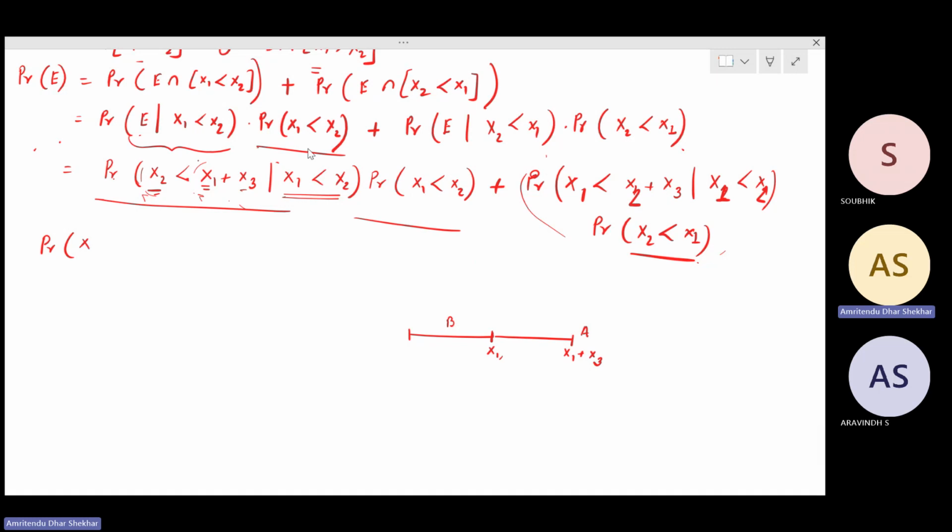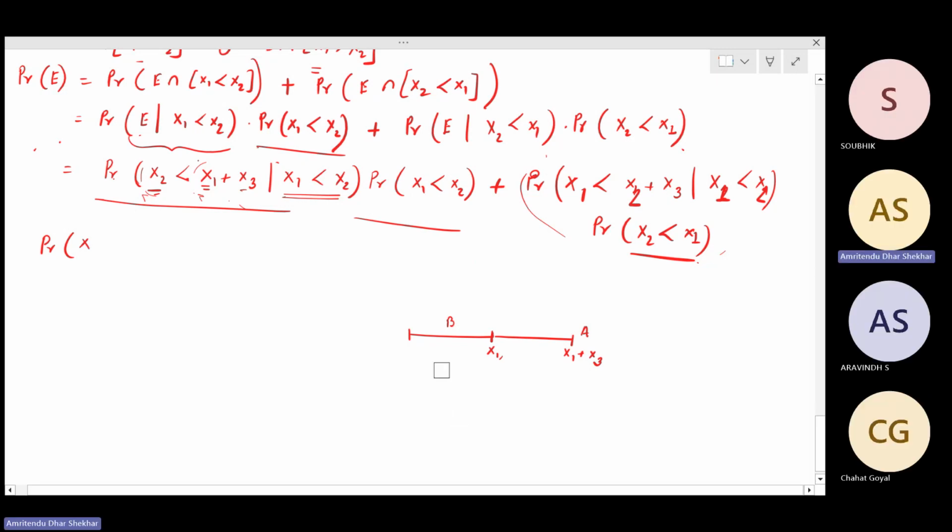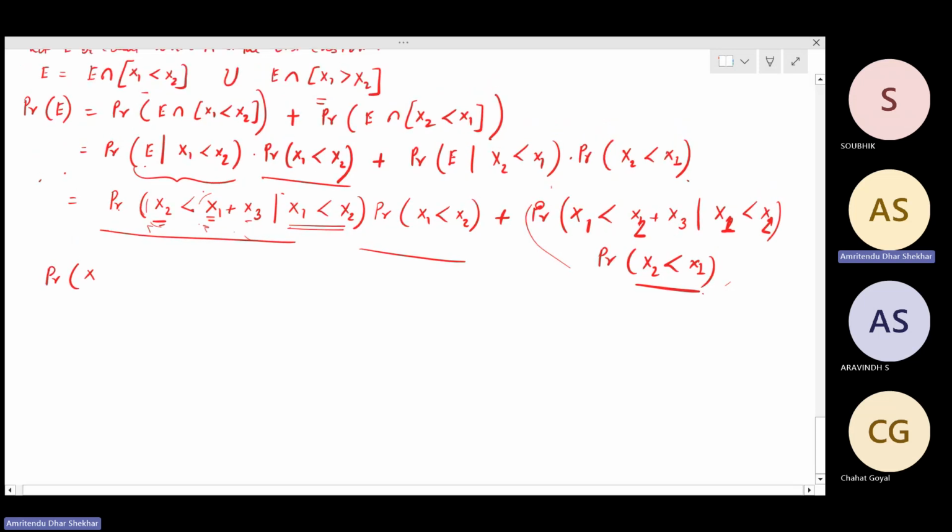I hope it is clear now why we are getting this. These two sums are the same, so I'm just going to be bothered about computing this sum. First we have the term probability of x1 less than x2. What is this?